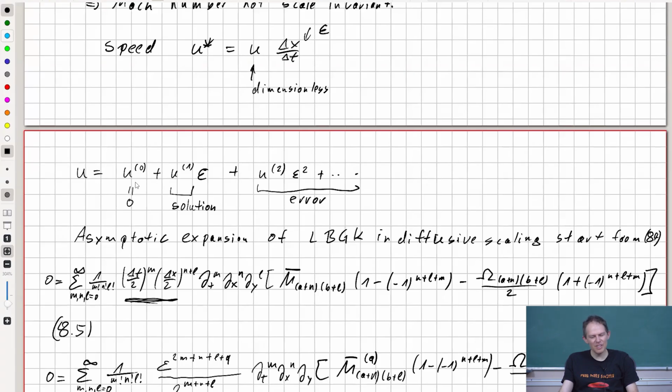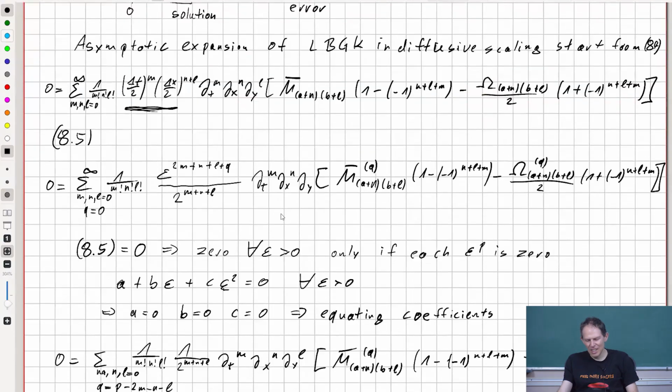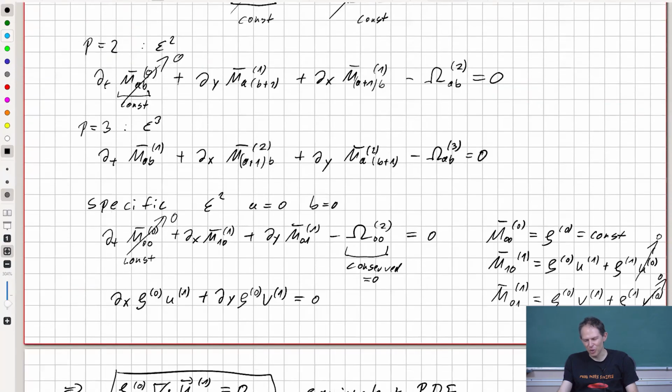We have to set our initial and boundary conditions such that there is no part in the velocity that does not depend on the resolution. Then we set this thing here to 0, and because we set it to 0, we have it 0.